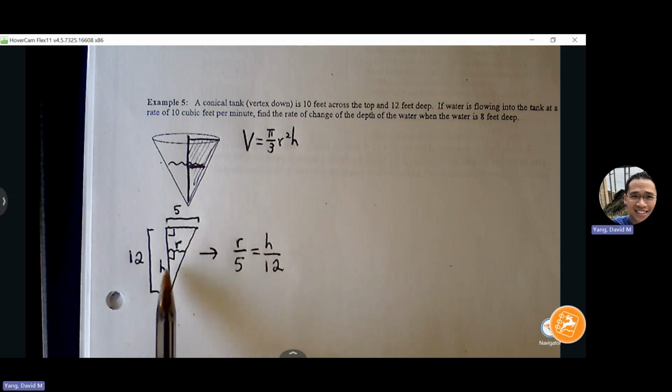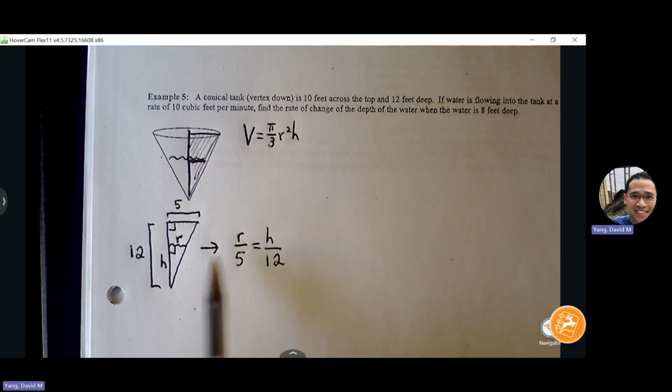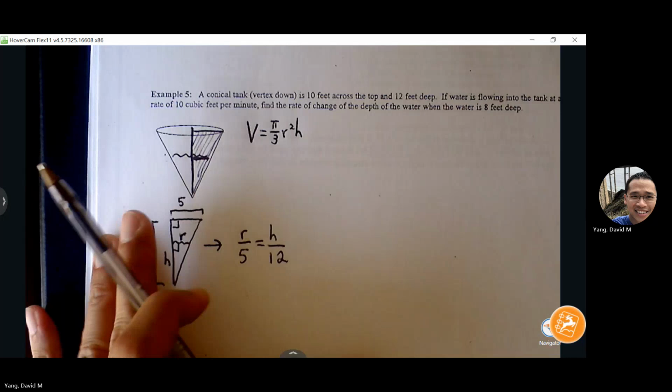R and H are always changing because water is getting poured in. But at any moment in time, the radius of the small cone is to the radius of the large cone as the height of the small cone is to the height of the large cone.